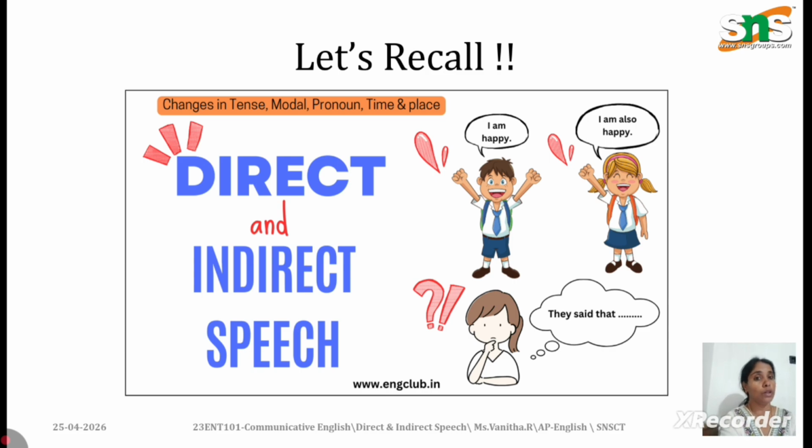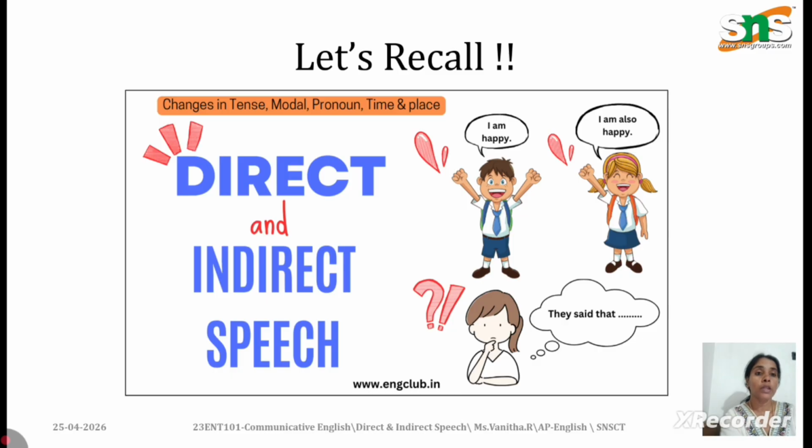The direct speech of this example is, she said, I am tired. First, I remove the quotation mark and add that when I change into indirect speech.